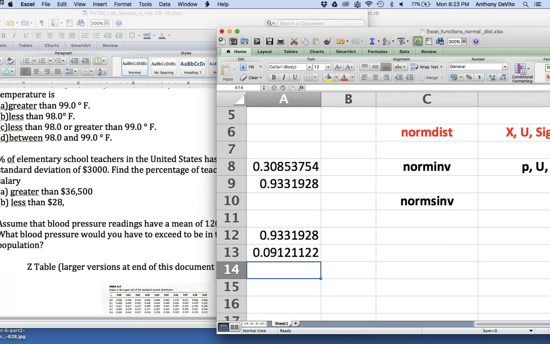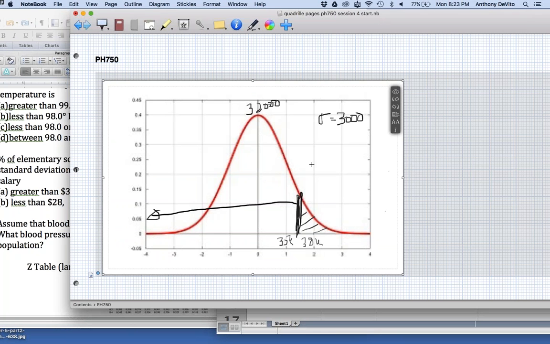So I know this area, if I go to 28,000, let me see where that would be. This is 32K, this would be 29K, so 28 would be about here. The area to the left here would be 9%.